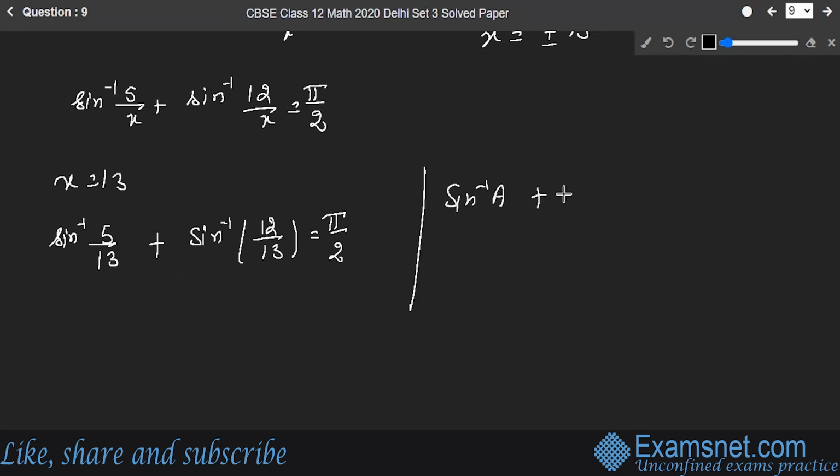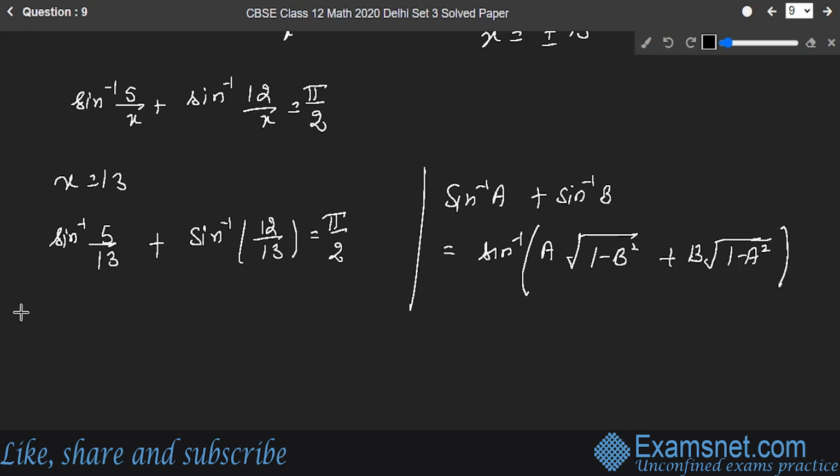Sine inverse A plus sine inverse B has a formula: sine inverse of A root of 1 minus B squared plus B root of 1 minus A squared. This is A and this is B.